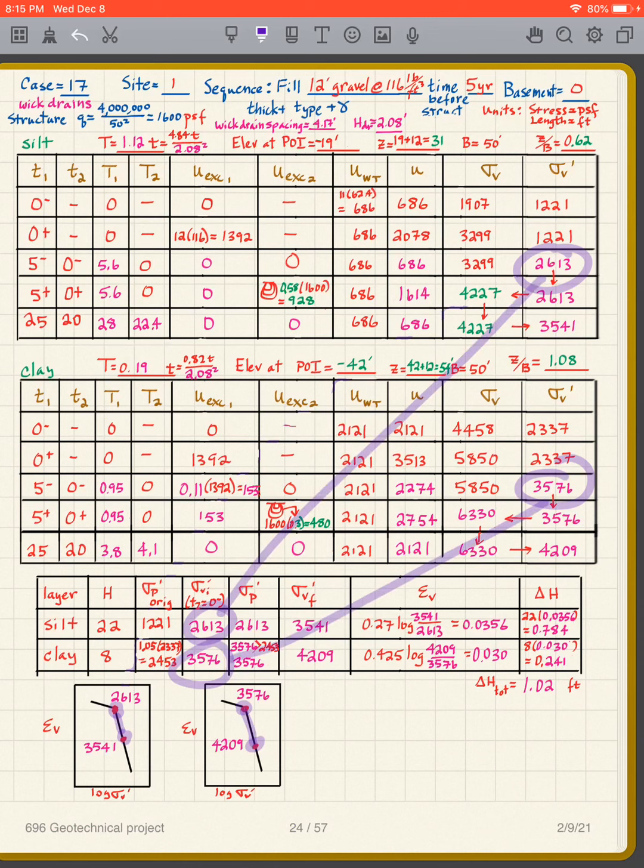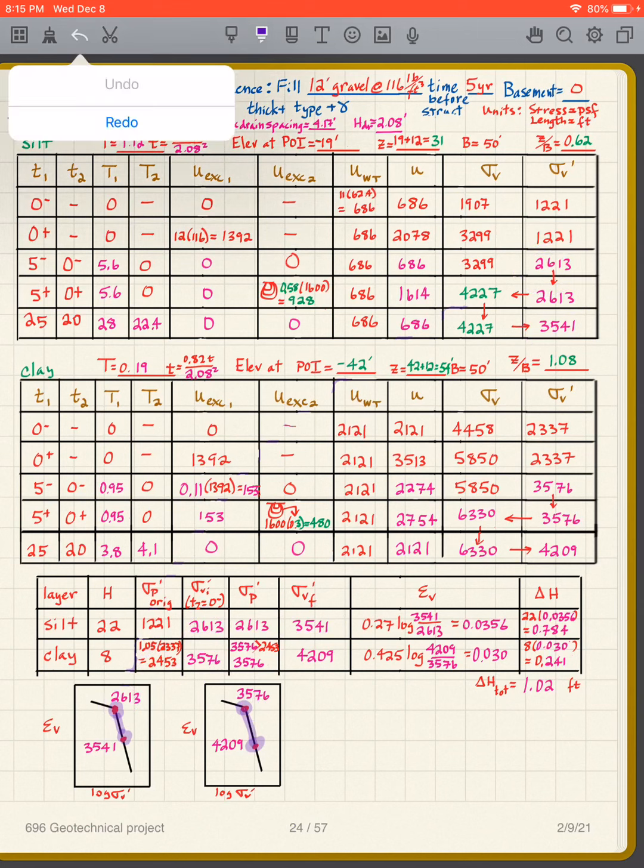And I take the bigger one, and in both cases, the bigger one is the sigma V prime I. So my 2613 goes here, 3576 goes there, and my sigma V prime F is the 3541 goes here, 4209 goes there, and then we put those into our equations.